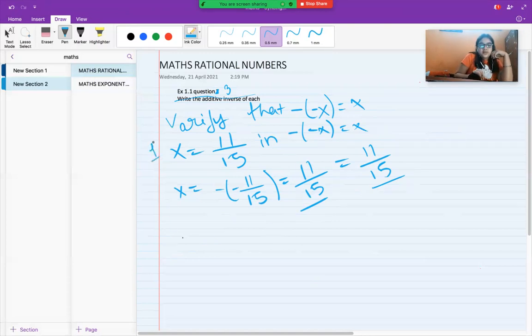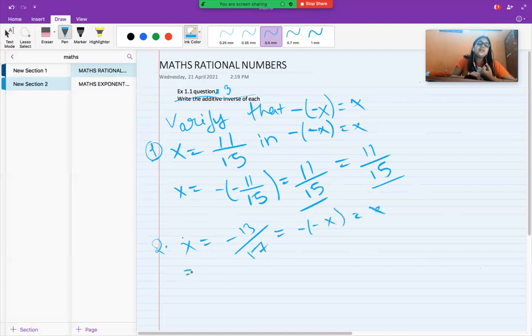Now the second part is x is equal to minus 13 by 17. So putting it into minus of minus x is equal to x, x will be minus in a big bracket minus 13 by 17, and then again a big bracket.